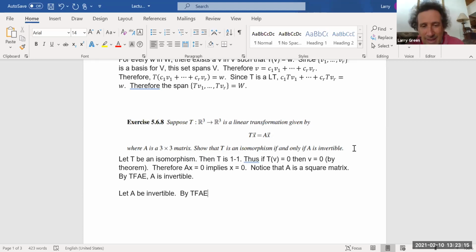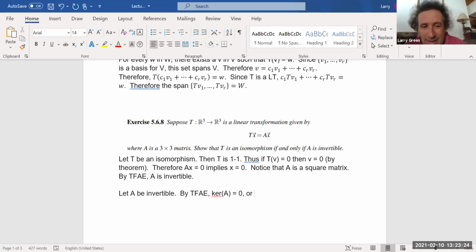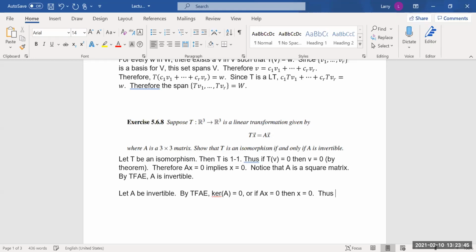Yeah, so the kernel is 0. What that means is that if AX equals 0, then X equals 0. That's what the kernel equals 0 means. Is that clear? Okay, well, what is that in terms of T now? 1-to-1. Yep, T is 1-to-1.